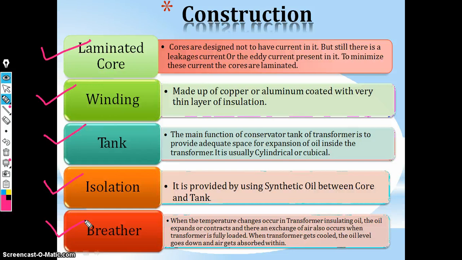the iron core is to minimize the current with the help of the laminated core. Also, the transformer winding consists of primary and secondary winding, and this winding is made with the help of copper and aluminum material. Also, the tank used in the transformer is also called the conservator tank.